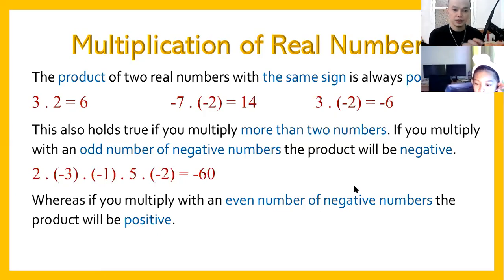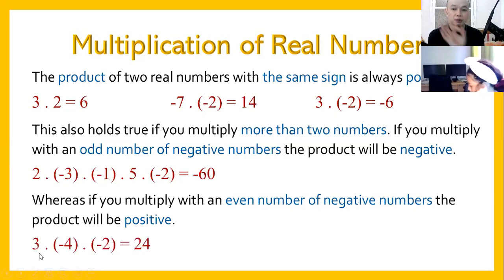Okay, so if you have even number of negative numbers, the product will be positive. Let's try to see this example. There are 3 numbers being multiplied here, but 2 numbers are negative. So it's even number. So the answer should be positive.